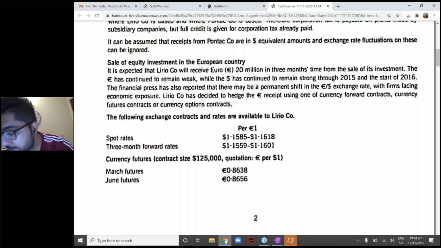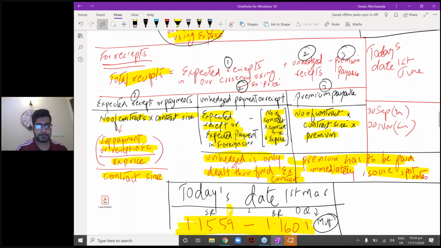Now it's given $1.1559, $1.1601 per euro. Per euro means euro is in the denominator. Dollar per euro: dollar in numerator. So the home currency is in the numerator, it's a direct quote, you will multiply. The lower rate in a direct quote is the selling rate and higher is the buying rate. Okay. Now one last step.